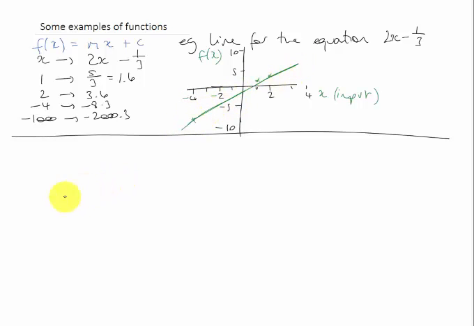This is just as before, and then for minus 1,000 it would be all the way down here. Alright, so that's one we've met before. So the line of an equation. So here it says y equals mx plus c is what we met before, and here we're just replacing that by calling it a function. Same difference. Cool.